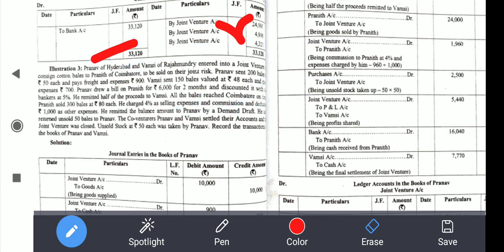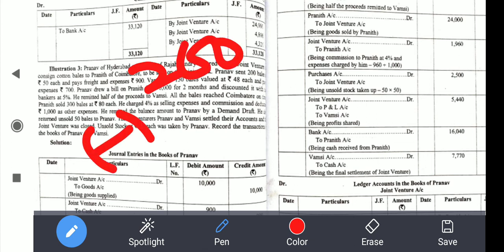Pranav of Hyderabad and Vamshi of Rajahmundry entered a joint venture account, consigning cotton bales to Pranit. Here Pranav sent 200 bales at 50 each.